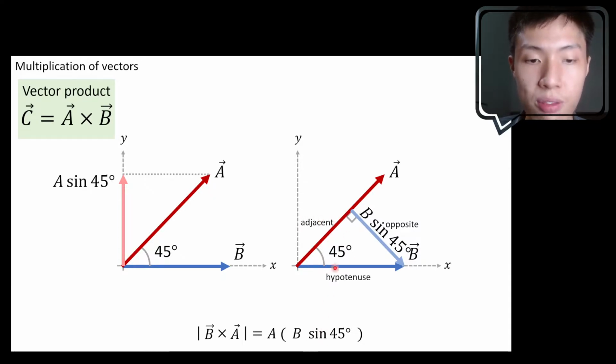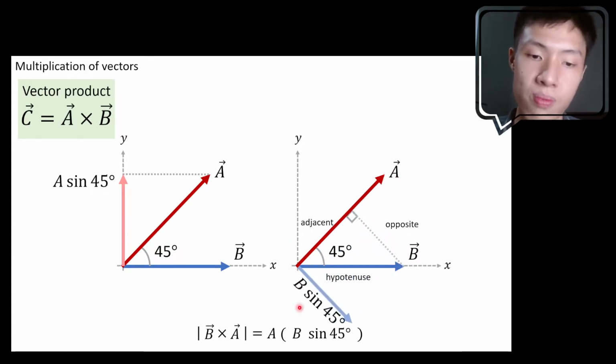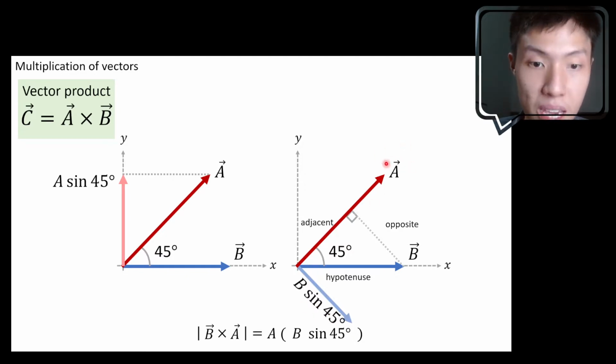Sine 45 means we're finding the opposite, and this will be B sine 45 degrees. Why do I say B sine 45 degrees? It's perpendicular to A. If I shift it down here, then probably it's clearer. B sine 45 degrees is the component of B that is perpendicular to A. So we can find the magnitude of B cross A by taking this B sine 45 degrees multiplied by A.